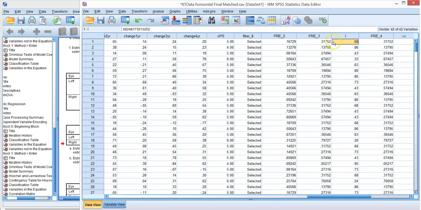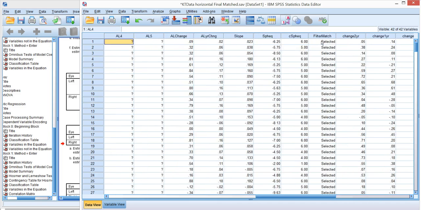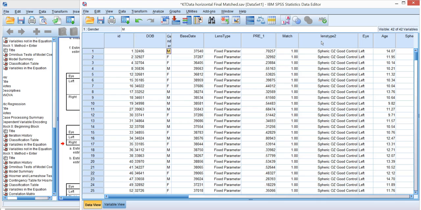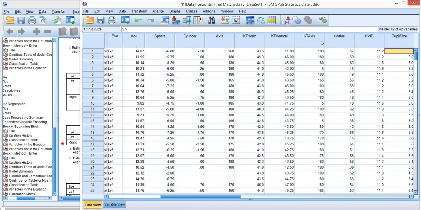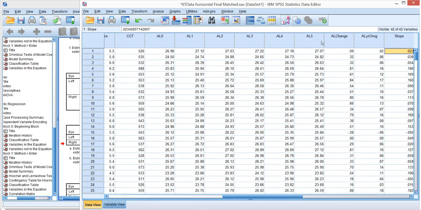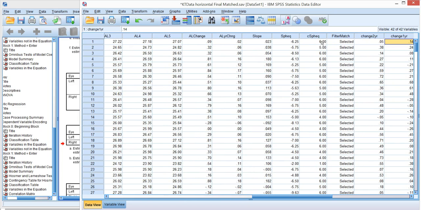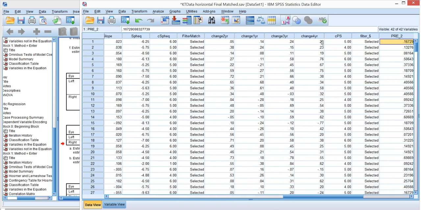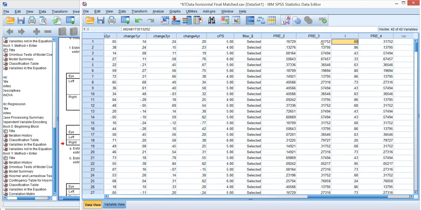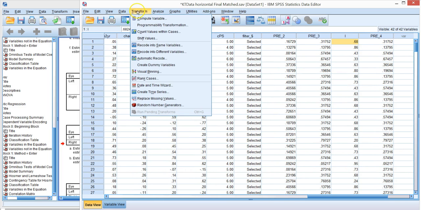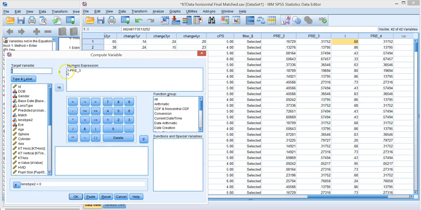When the lens type is 0, we had to compute a variable 1 minus PRE3, 1 minus the predicted value.